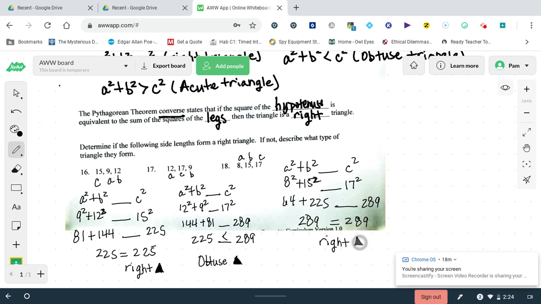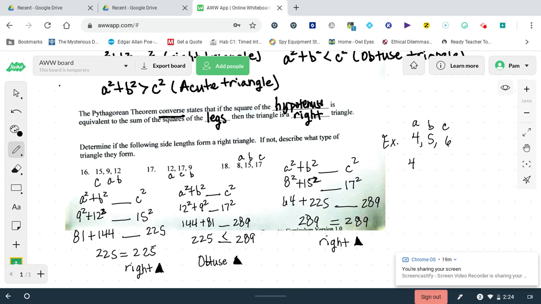I'm going to add one more on here, guys. Hold on just a second. I'm going to add an extra one because I didn't get a chance to go over one that was acute, okay? I need it to be greater. So if I gave you 4, 5, and 6, that would be a, that's b, and that's c.